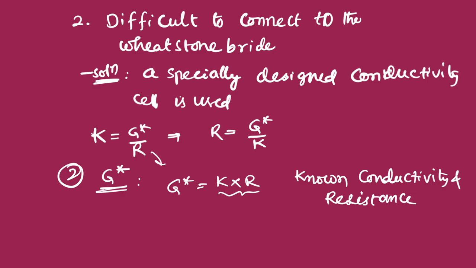Then multiplying these two values we will get the cell constant. Once the cell constant is determined, it is fixed for any solution, because cell constant means L by A.